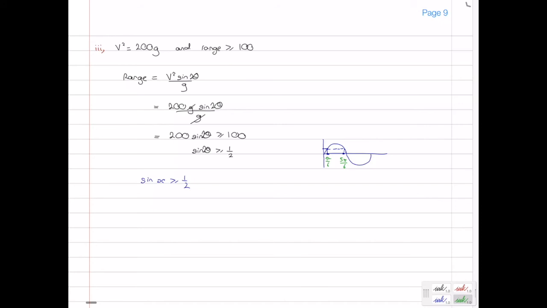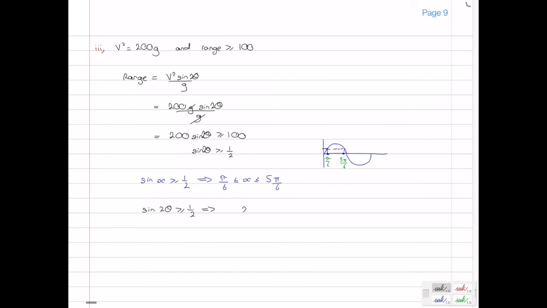So this inequality has solutions pi on 6 is less than or equal to x is less than or equal to 5 pi on 6. So what are we solving? We're solving sine of 2 theta is greater than or equal to a half.